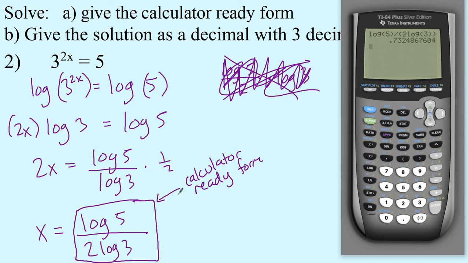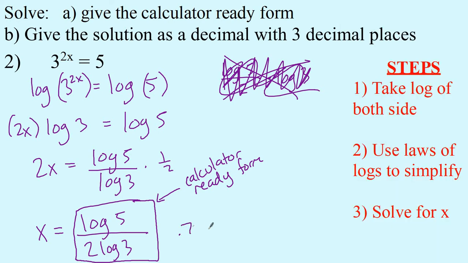So 0.732. Now, before you ask, calculator ready form can be written multiple ways. How I write it in the answer key, or how your friends write it, might be a little bit different. Because this is also, let's see, you could write it as log 5 over log 9.